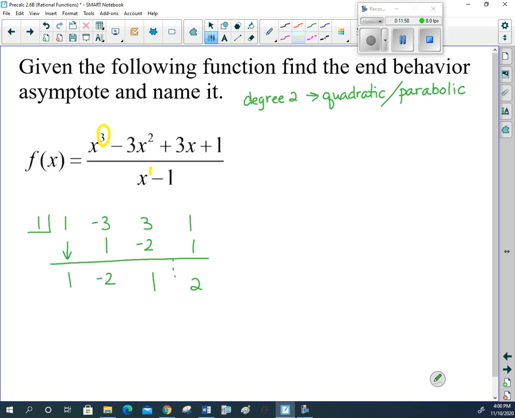Now, in this scenario, guys, you do not have to get a 0 for a remainder, and you really don't even care about the remainder. We kind of just forget about it. So the end behavior asymptote, its equation would be y equals x squared minus 2x plus 1. That's the asymptote we're after. And that's its equation.